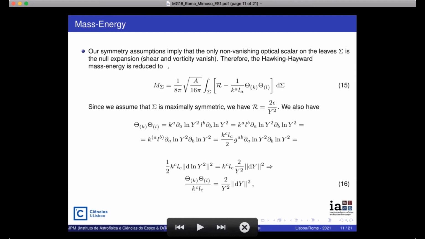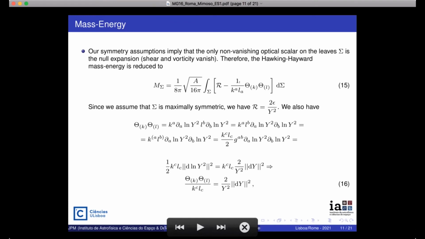It is more convenient to use the Hawking-Hayward mass energy, which is defined this way. In fact, it involves also the shear and the vorticity, but in this case we have null expansion of the two-dimensional hypersurface of the leaves.